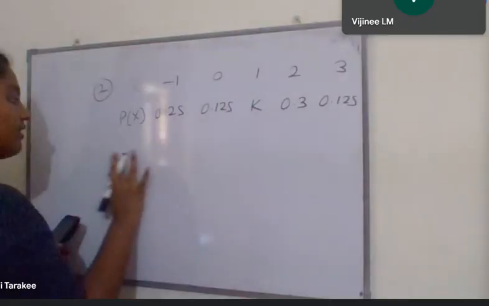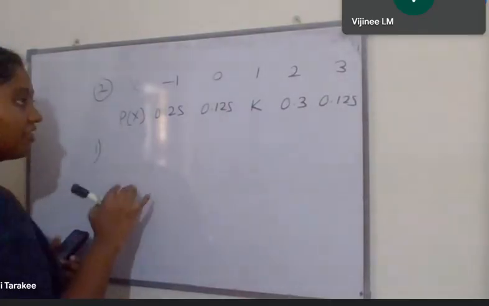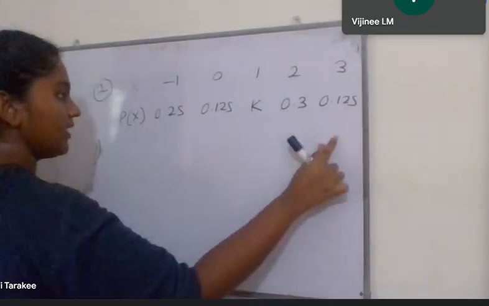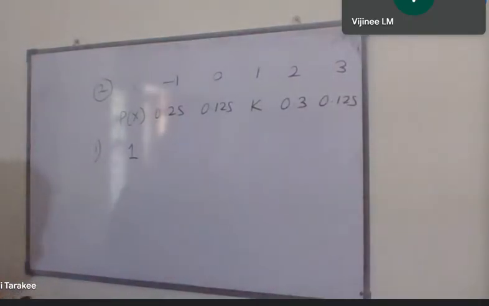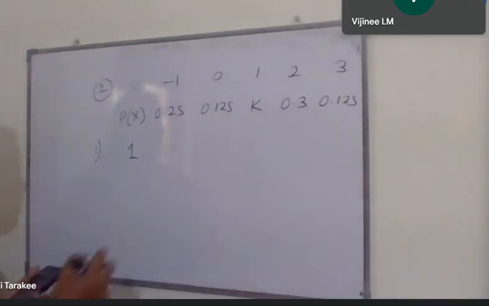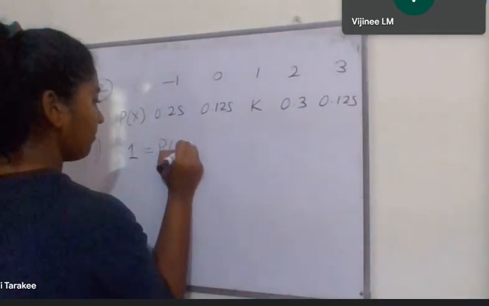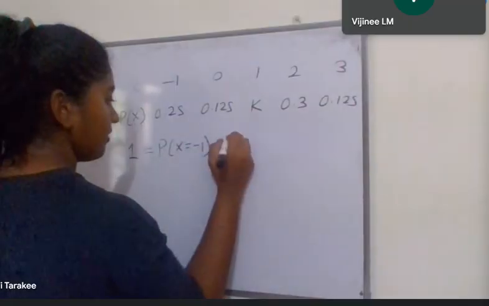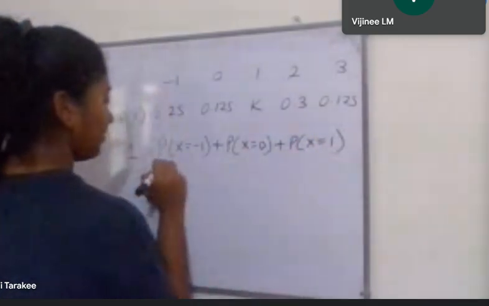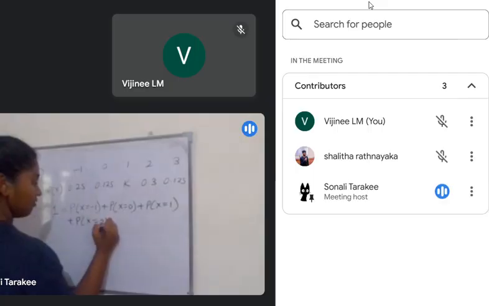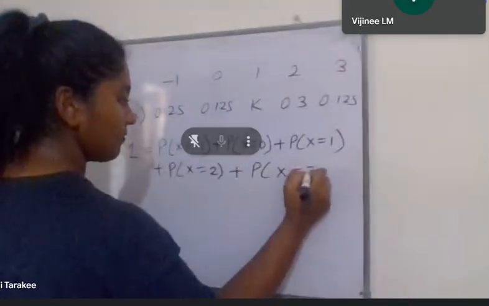Value of K, how do we find it here? We know that the total probability is 1. Okay, total probability is 1. So we have to add the probabilities. So 1 equals P(x equals minus 1) plus P(x equals 0) plus P(x equals 1) plus P(x equals 2) plus P(x equals 3).